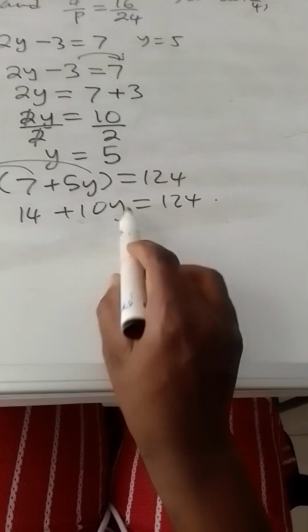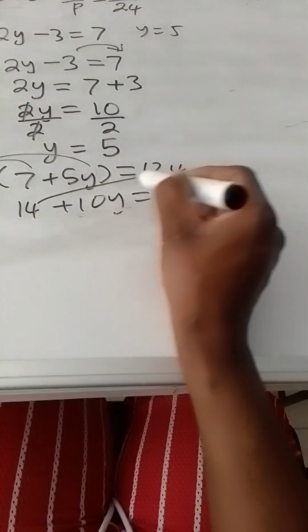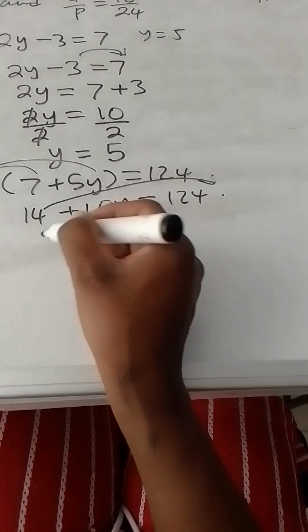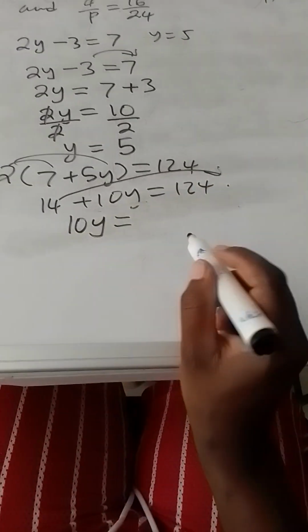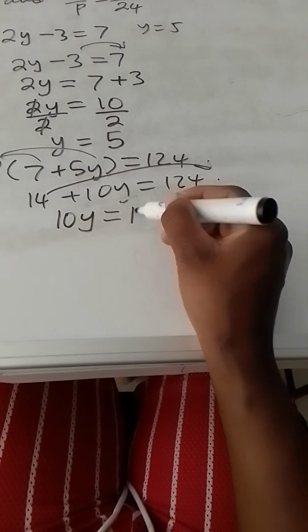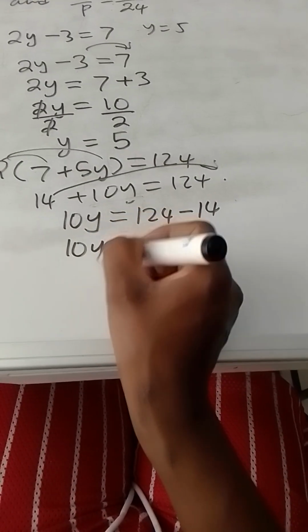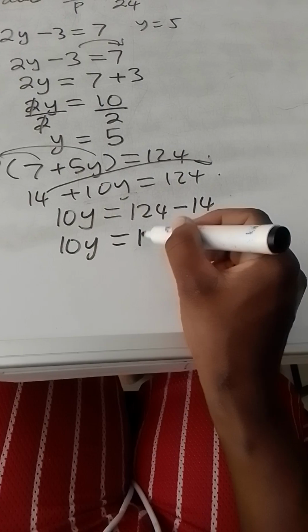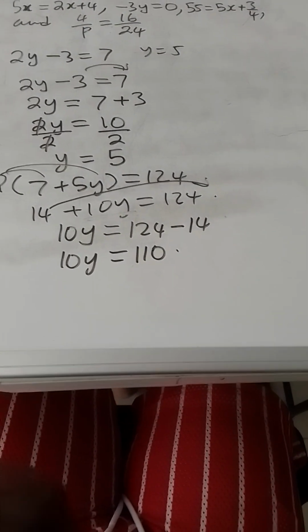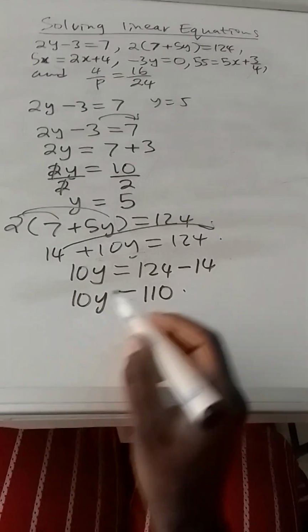We have only one variable term, so we'll transpose the 14 to the other side. And remember, when you transpose, the term needs to change the sign. So we're going to have 124 minus 14. Then we have 10y is equal to 110, because 124 minus 14 is equal to 110.